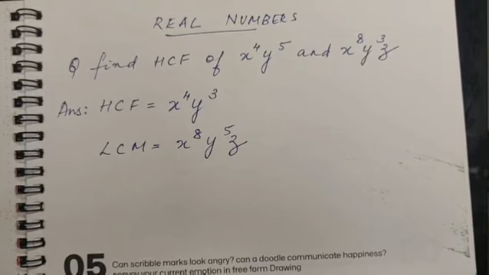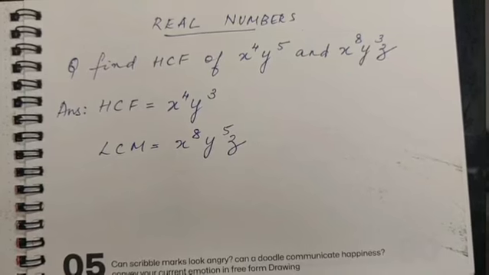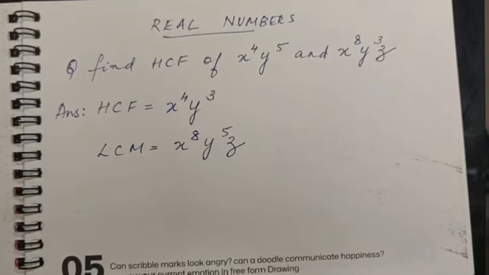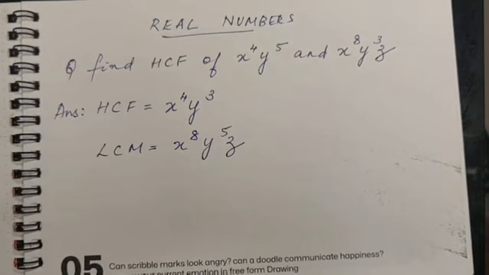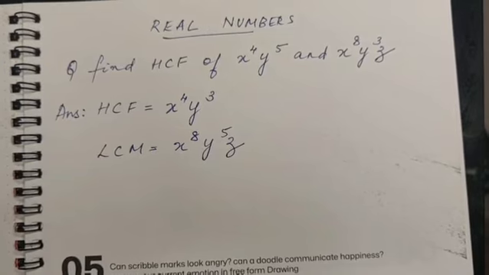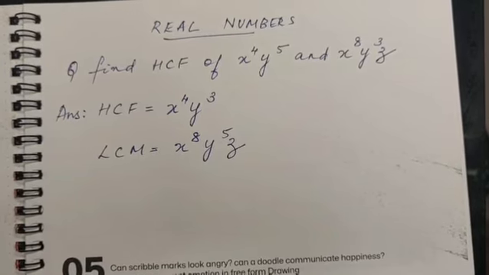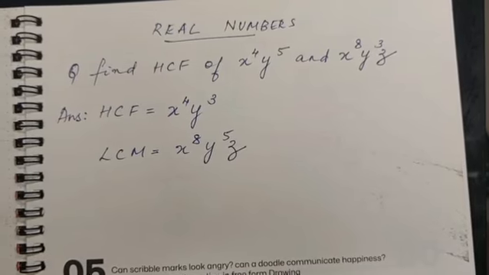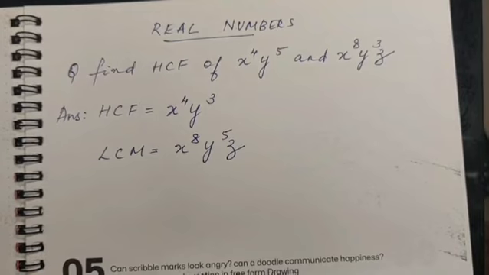The biggest power is 5, so I have written over there for the LCM y raised to 5. Apart from that, there is one more factor which is not common, that is z. So for LCM you have to write x raised to 8, y raised to 5 and the factor which is not common, that is z.